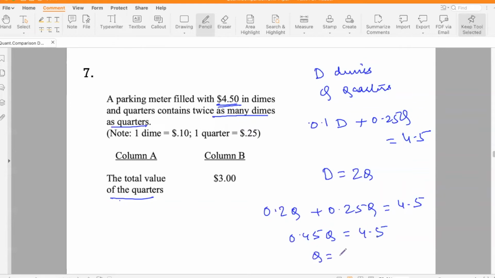So Q is 10. So there are a total of 10 quarters, and the total value of those 10 quarters will be 10 times 0.25, which is $2.5. So since $2.5 is the value of quarters, the answer is column B.